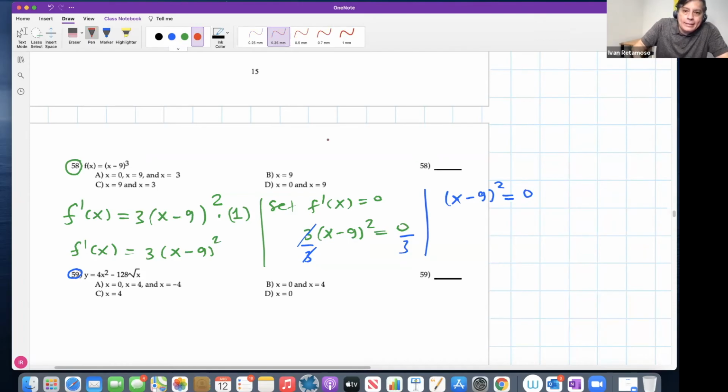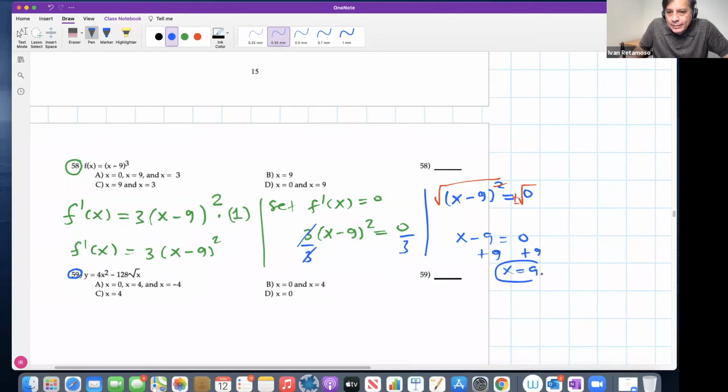Now, take the square roots of both sides. That comes with a price, plus minus here, but it eliminates this guy. That's the good news. So x minus 9 equal plus minus 0. Plus minus 0 is just 0, 0 doesn't have a sign. So from here, we get one critical point, x equal 9.